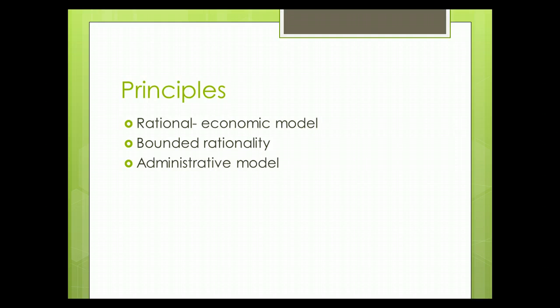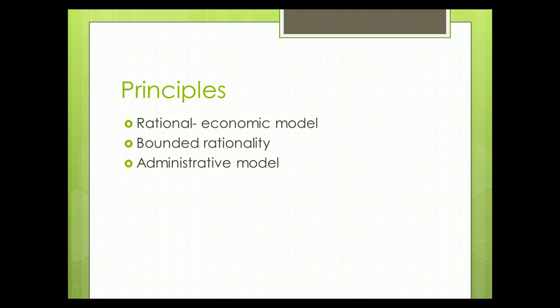Now, we also have a principle called bounded rationality. Now, this idea is that rational decision making is restrained or bounded based on factors related to the person making the decision or the environment in which we're making the decision.